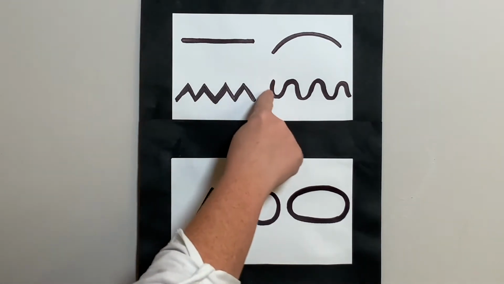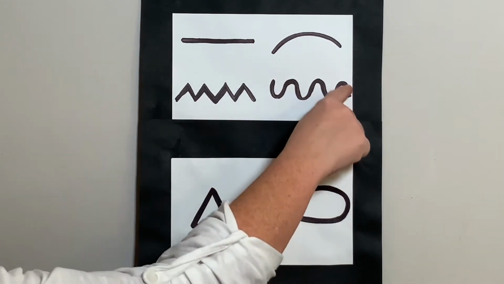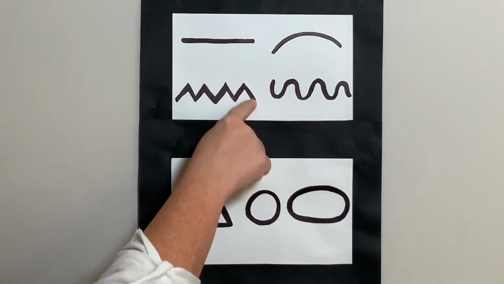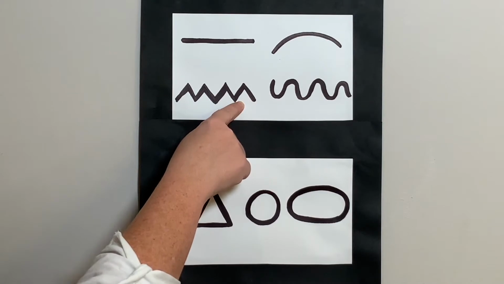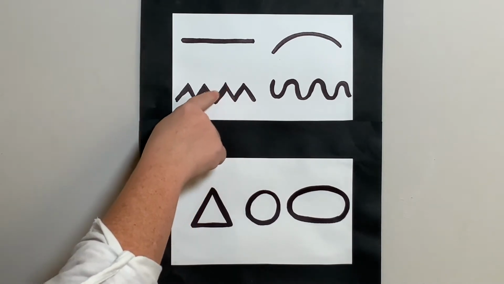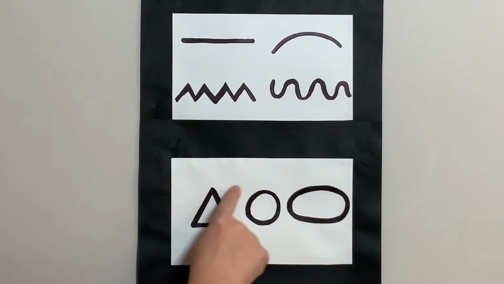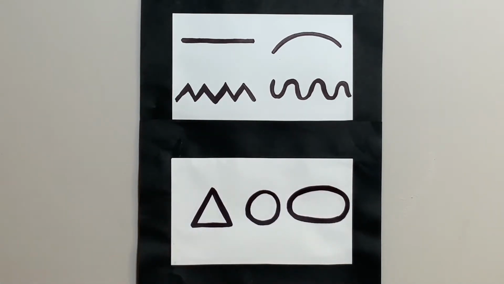We're actually going to use this wavy line to draw the cave, and we're going to use the zigzag line to make some of the leaves and the fur for the fox. And guess what we're going to use these shapes for? We are going to use these shapes to draw the fox and the panther.